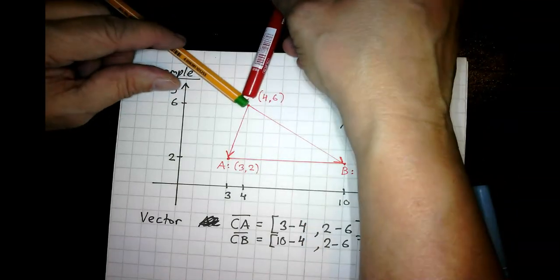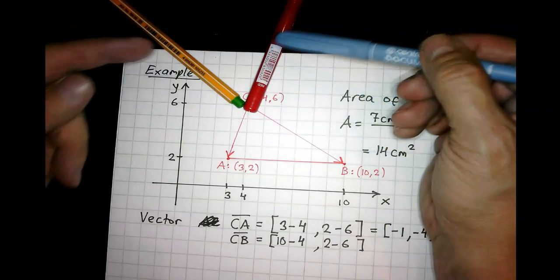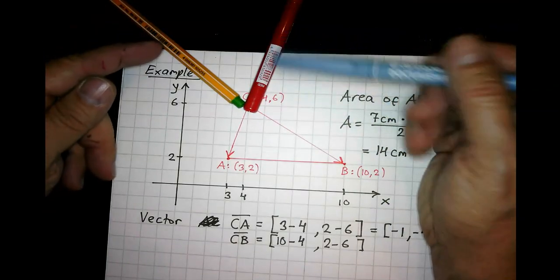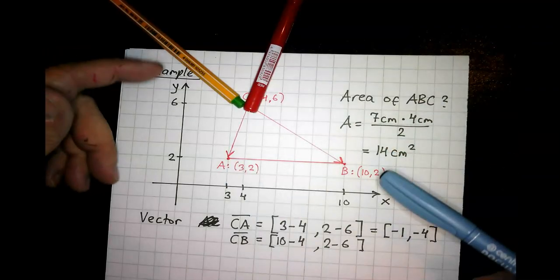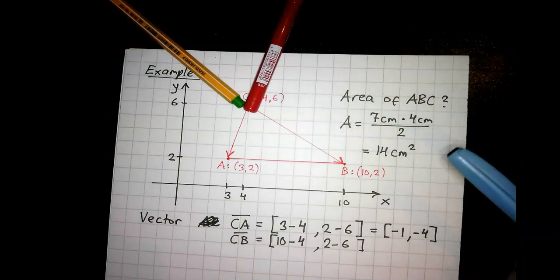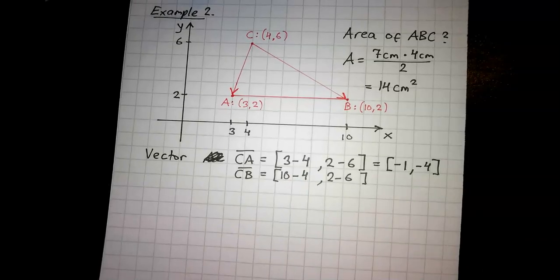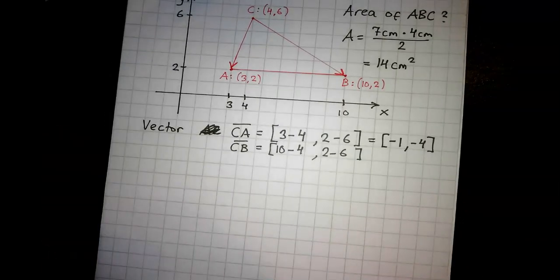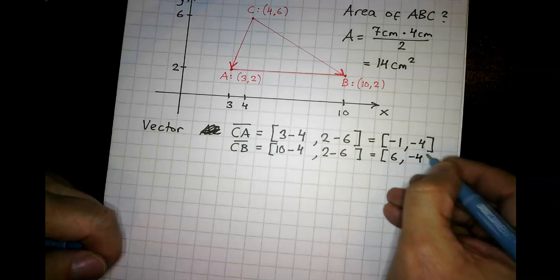That means that it will go in that direction. And I have those vectors with the same lengths and opposite directions than these vectors here. So the area of the triangle will be the same if I made an error in this order of subtracting. So here I get 6 and minus 4.